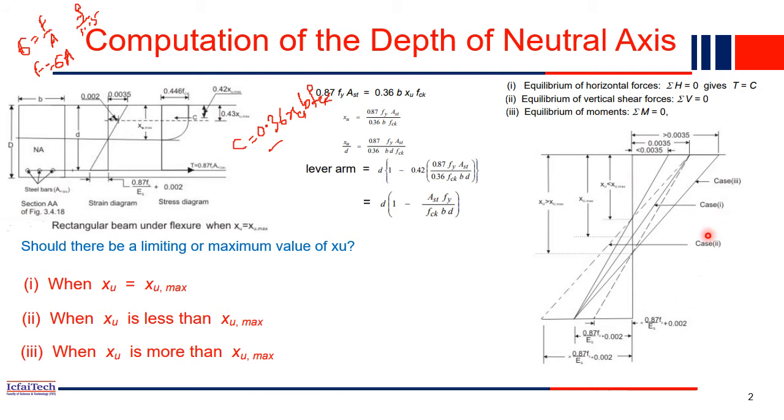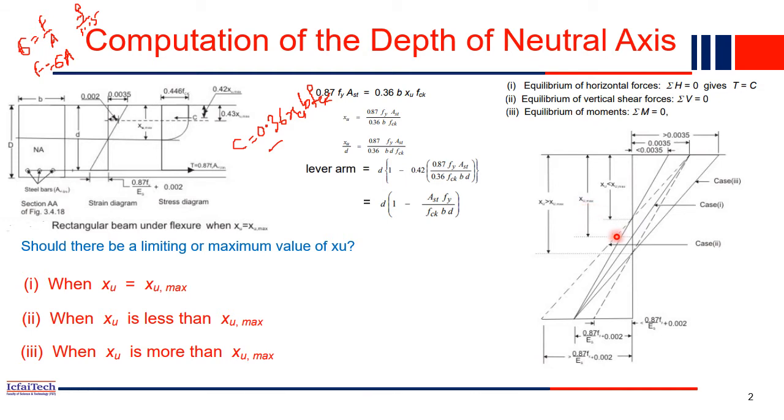Now case 2, this dotted line. In case 2, the concrete strain is 0.0035, whereas the steel strain is more than this, beyond the maximum up to here. But with this dotted line, the neutral axis is now less than XU of case 1.